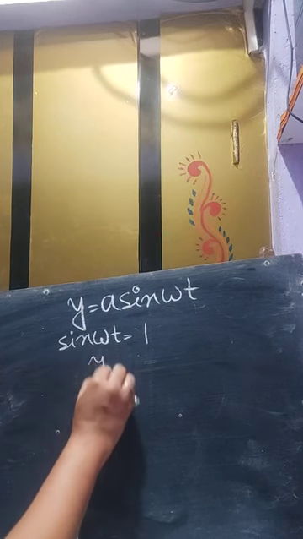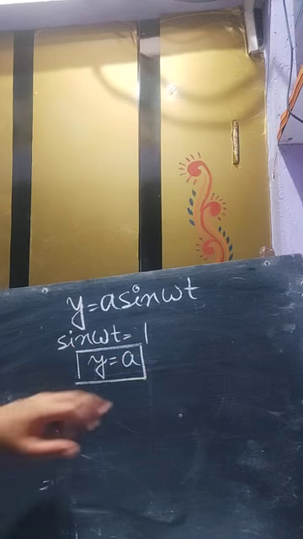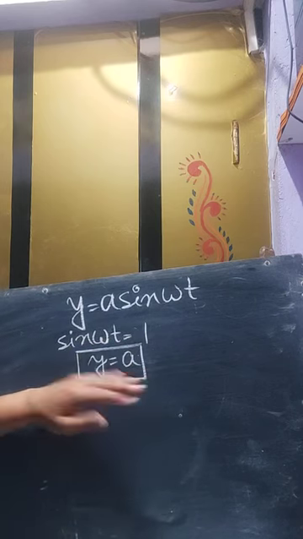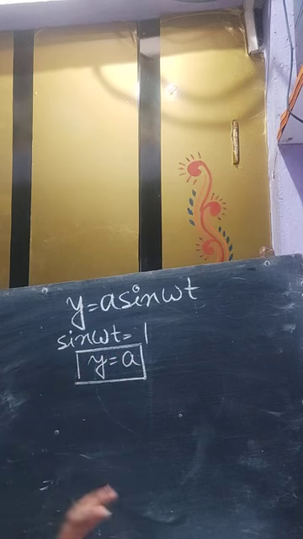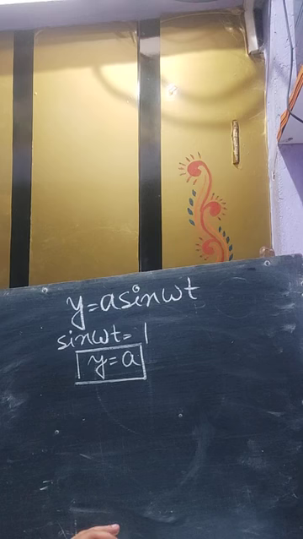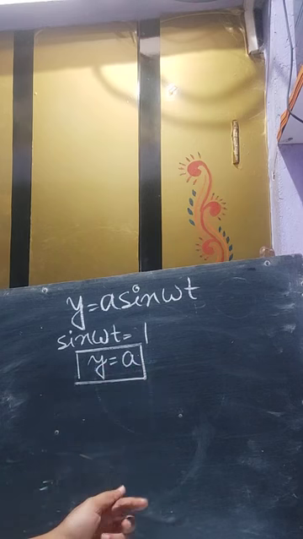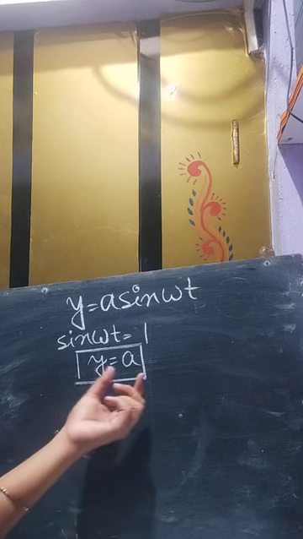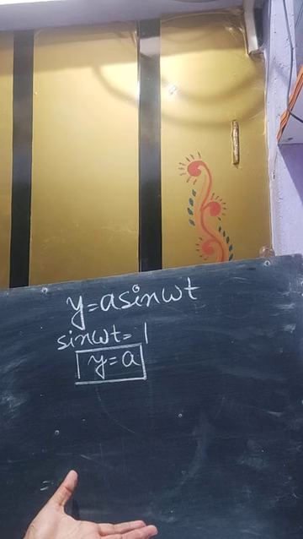If sin omega t becomes 1, then what will be y? y equal to A, right? So, if sin omega t is 1, y becomes A, and this A is the maximum displacement, defined as the amplitude of the motion. Basically, it is equal to the radius of the reference circle. Okay.